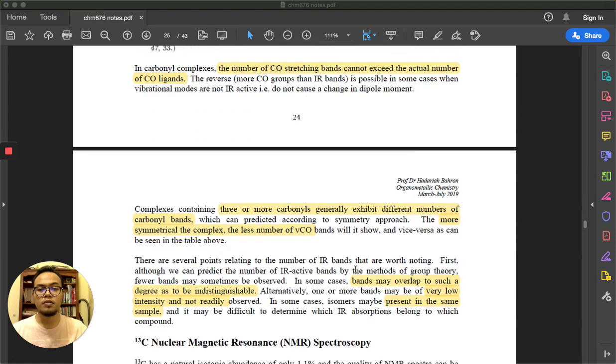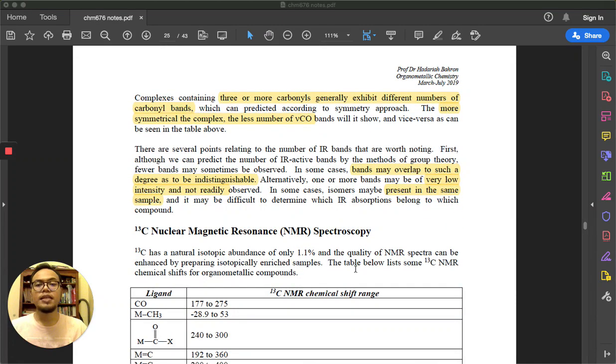Okay, moving on. Complexes containing 3 or more carbonyl generally exhibit different numbers of carbonyl bands, which can be predicted according to the symmetry approach. As I said, the more symmetrical it is, the fewer carbonyl stretching frequencies you can see on the spectra, because we count them as 1.